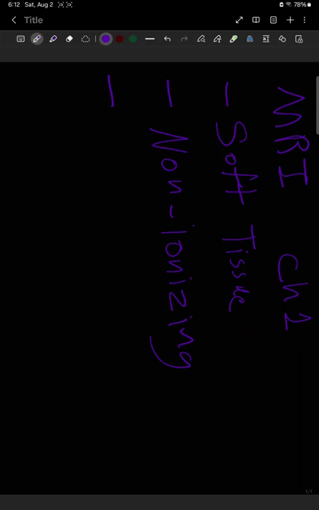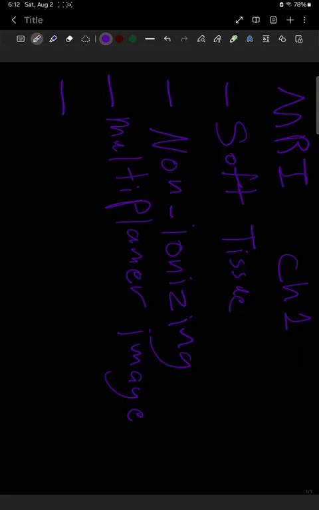And something else, actually, we have multi-planar image. Okay. So we have a lot of slices together, okay?